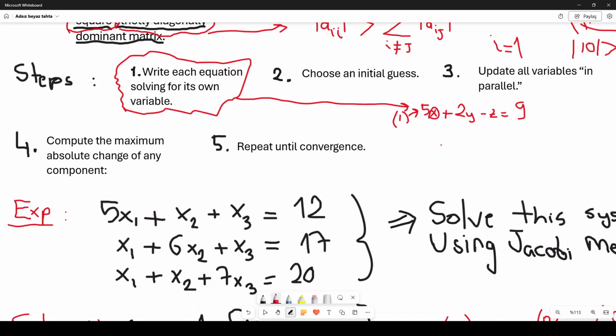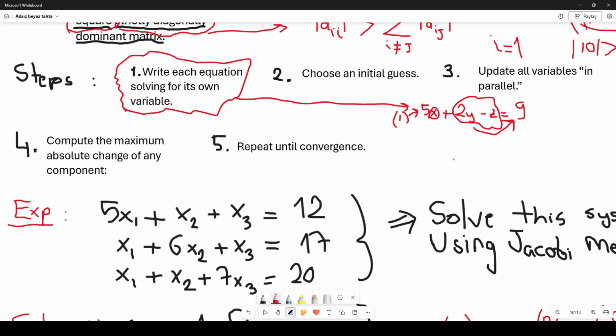And from top to bottom, from the very first equation on the top to the very last equation at the bottom, I will isolate each corresponding unknown variable in each equation. So how can I do that? Besides the first unknown variable, I move all the other values on the left hand side to the right hand side.